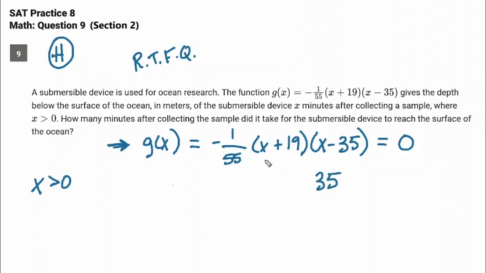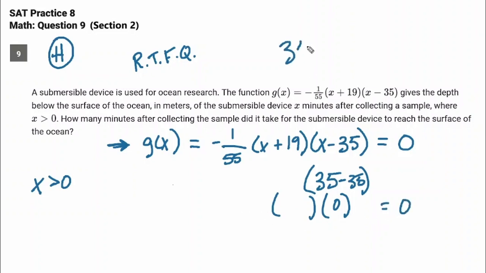You can't make this negative 19 because x has to be bigger than 0. The only way to do it is to make it 35 minus 35. That's going to get you to a 0 here. And then it doesn't matter what anything else is, all of it's going to be 0. And so the answer is 35. That's it. You read the question, you apply some common sense, you get it right, and you move on.